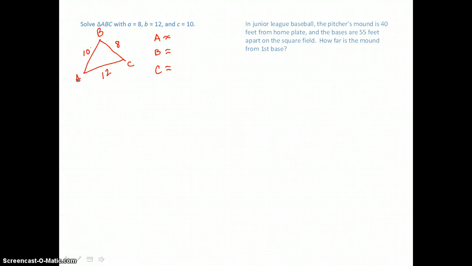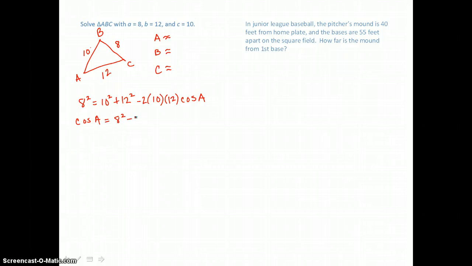So I'll start by finding angle A. That means the side opposite it squared is equal to the sum of the other two legs squared minus 2 times the product of those two legs times the cosine of that included angle, angle A. So we need to get the cosine of angle A alone.